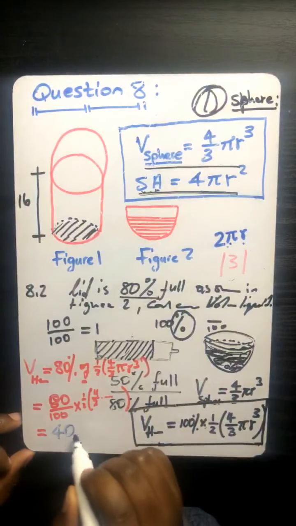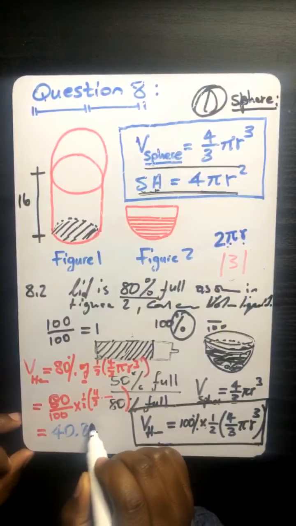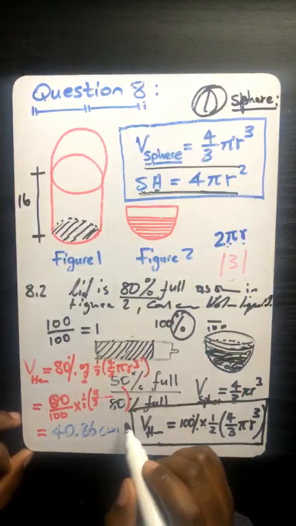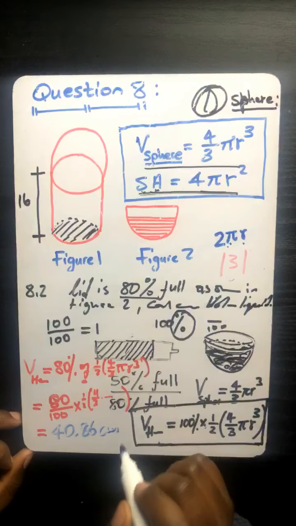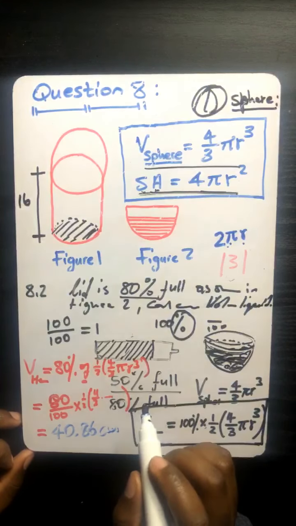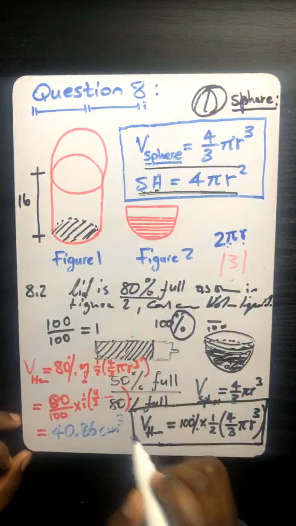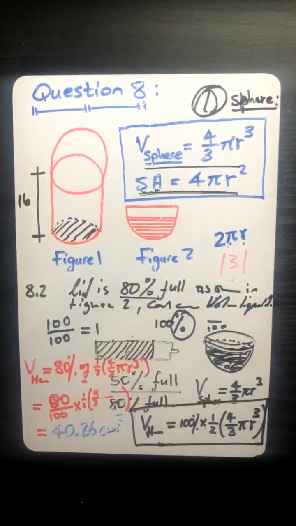Someone is getting 40,86. Obviously, centimeters what? Cubed, sir. Yes, cubed. Volume is measured in cubed.